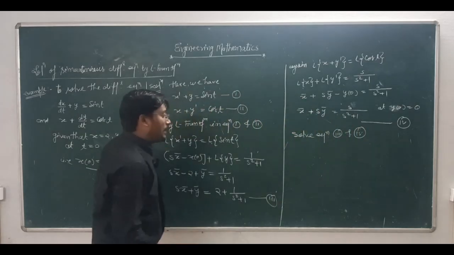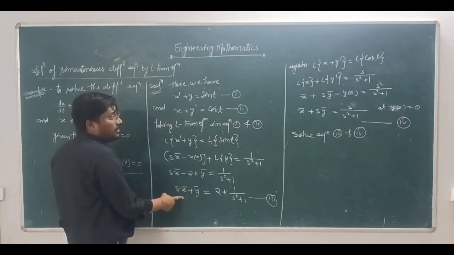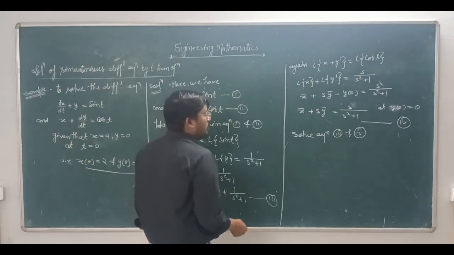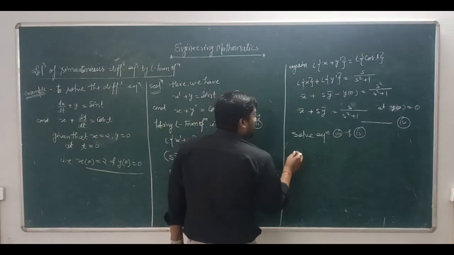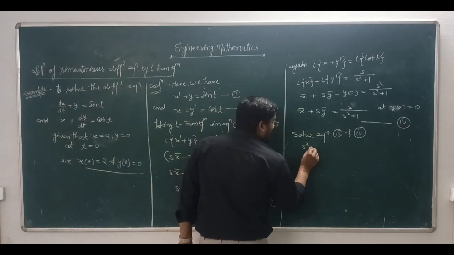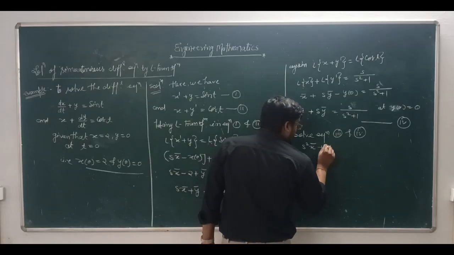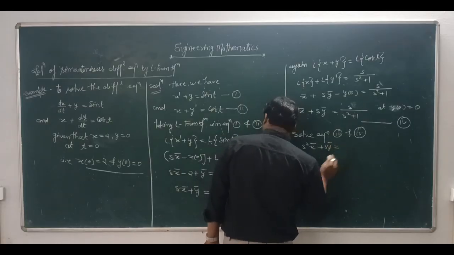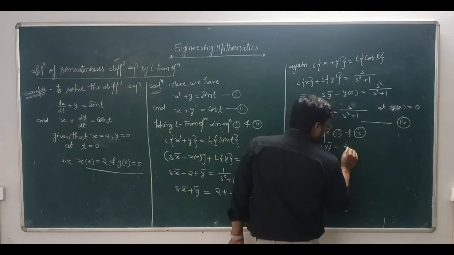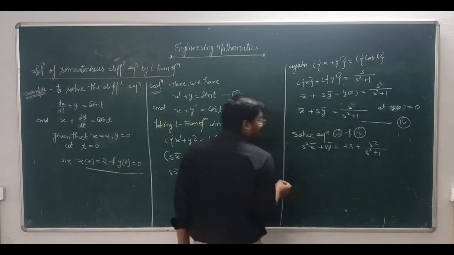Multiply equation number 3rd by s: s square x bar plus s y bar is equal to 2s plus s square upon s square plus 1.